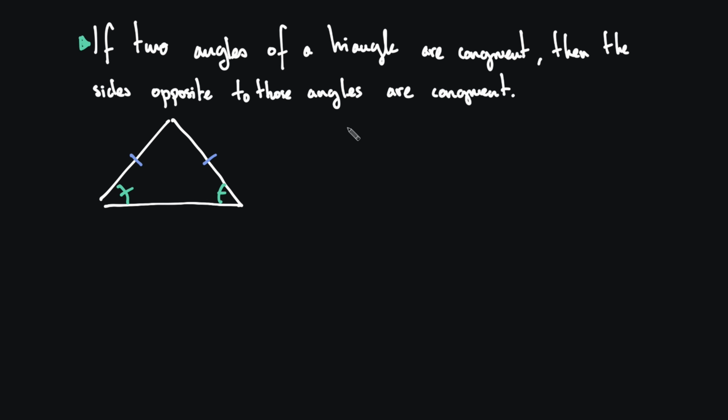All right, remember that we have our statements, and we have our reasons. Our first statement is our given. And our given is that, let's call this angle 1, let's call this angle 2, and let's name the vertices.